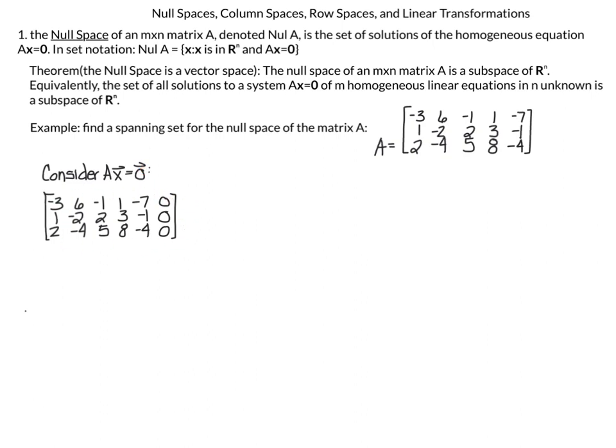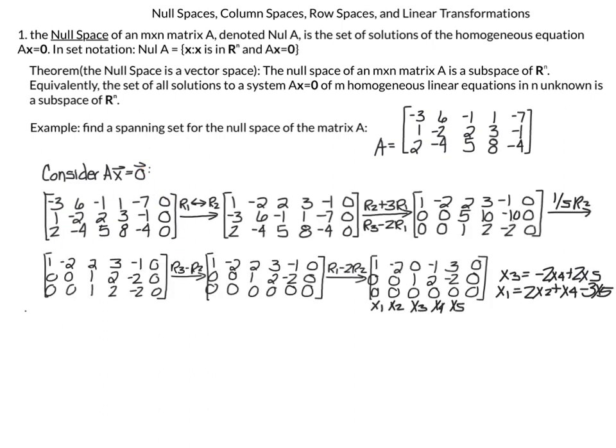So here I have set up the augmented matrix. I've done my row reductions until I finally get x3 equal to minus 2x4 plus 2x5, and x1 equal to 2x2 plus x4 minus 3x5. So x2, x4, and x5 are free.